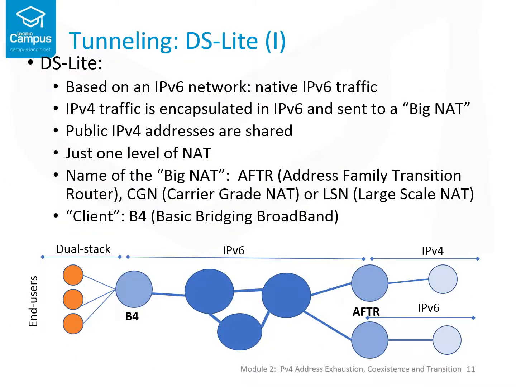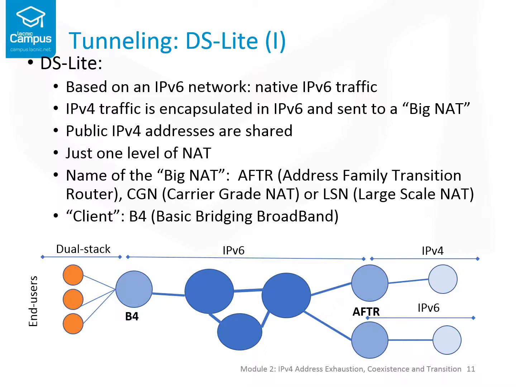DS-Lite. DS-Lite is an advanced tunnel-based mechanism as it assumes a main IPv6 only network and offers IPv4 connectivity by encapsulating IPv4 in IPv6. It has been designed to help delay IPv4 address exhaustion by using a powerful NAT, where users share public IPv4 addresses.